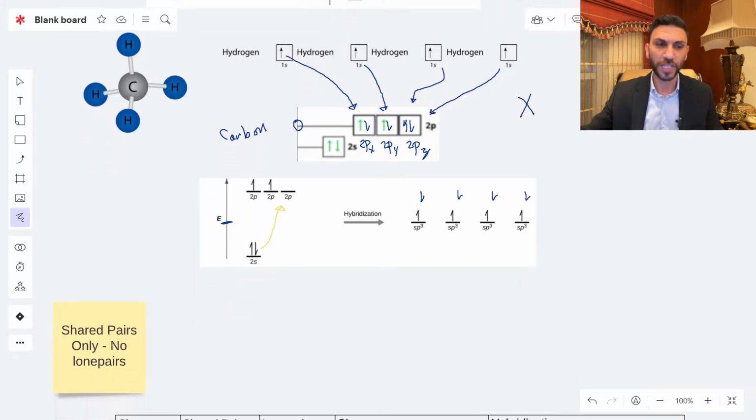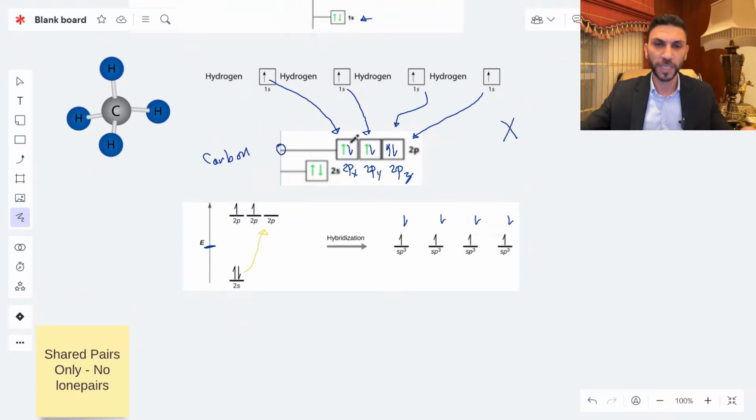Now, if you check here again, how many hybrid orbitals do we have? We have 1, 2, 3, 4 hybrid orbitals. And they came originally from s and the 3 p orbitals.